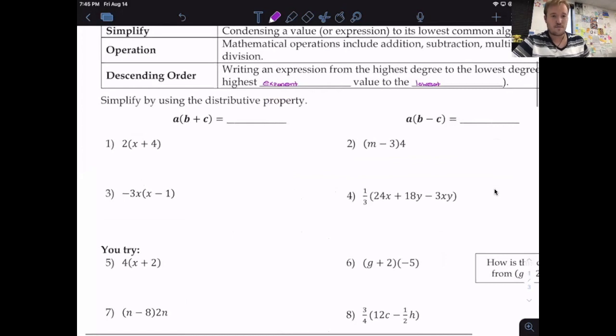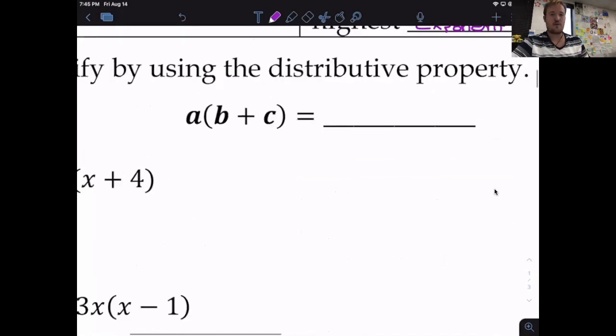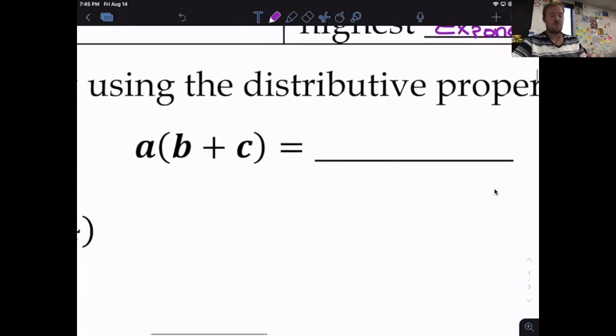So just starting off, we're going to look at the distributive property. So for the distributive property, you're going to have some value outside a set of parentheses. So in this case, we have a value a that is outside the parentheses. So when I say distribute, I want to take that a value and distribute it to every term inside the parentheses.